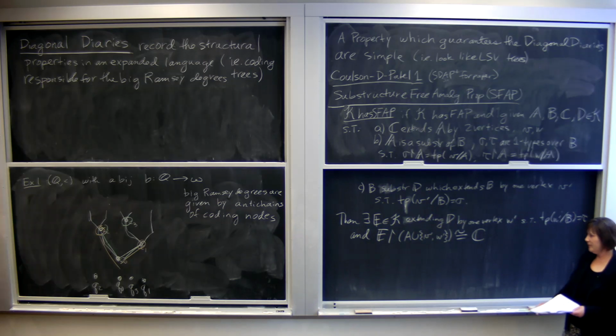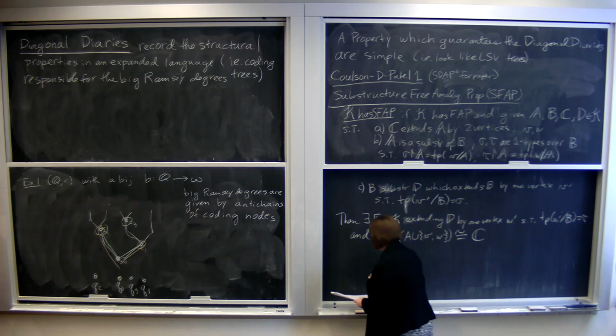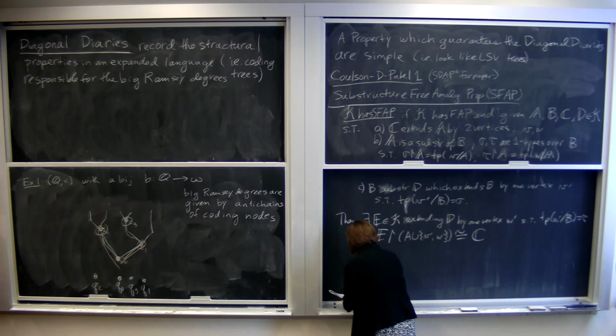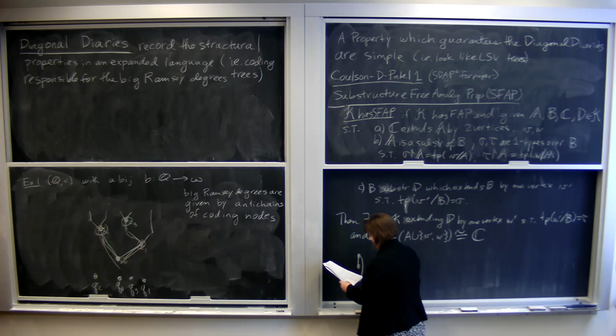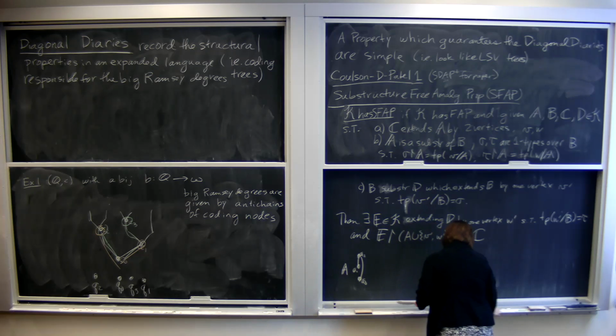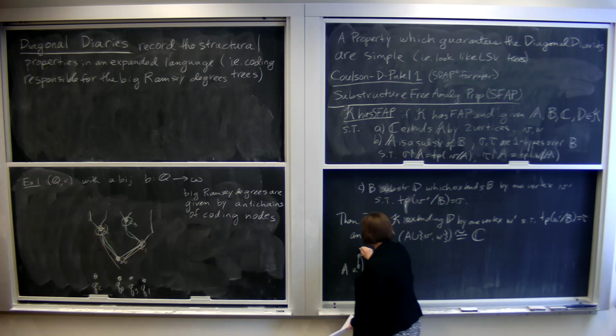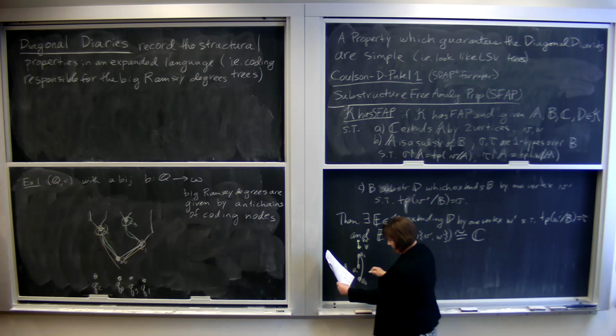Okay, so pictorially, let's say we have a structure. Here's A. Let's say it's a graph like this. And then we have some C, which is extending it by 2 points, let's say V and W. Let's say those have an edge between them, and W is connecting to A2 and A0, and V is connecting to A1.